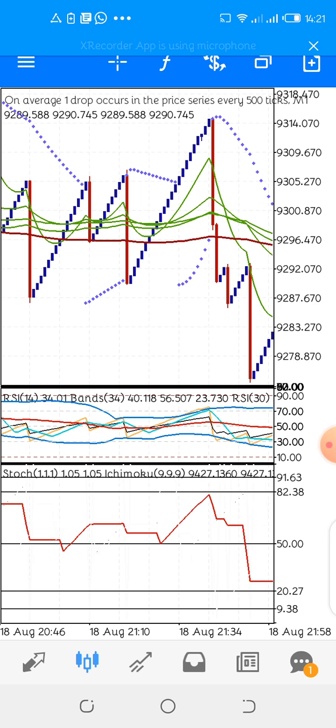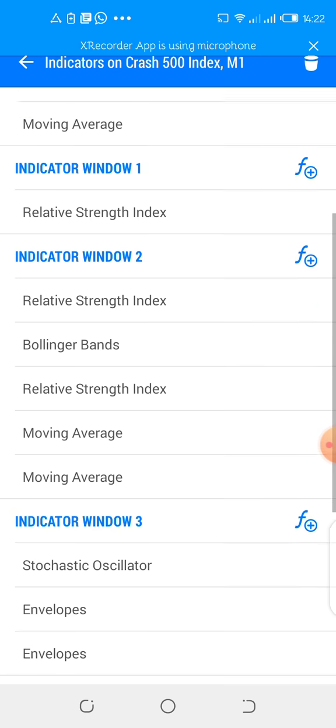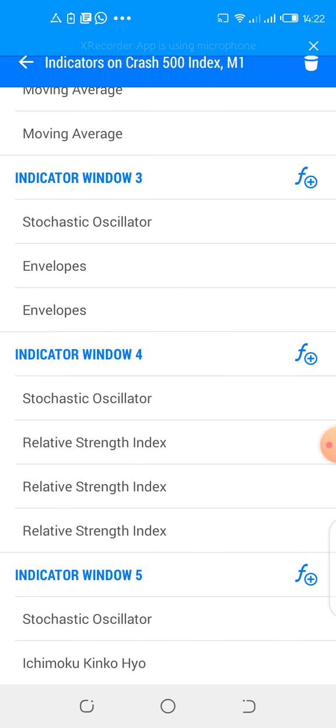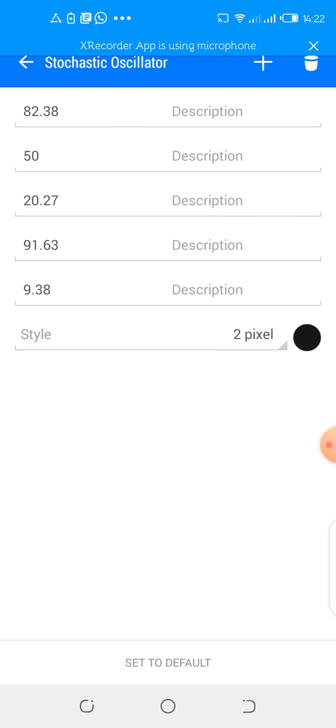Then the third window is the stochastic. It is this one here. The stochastic is applied to period 1, slowing 1, price field low/high, method simple, and the style is the same color as your background, because we only need the stochastic window, in which we have put our levels.